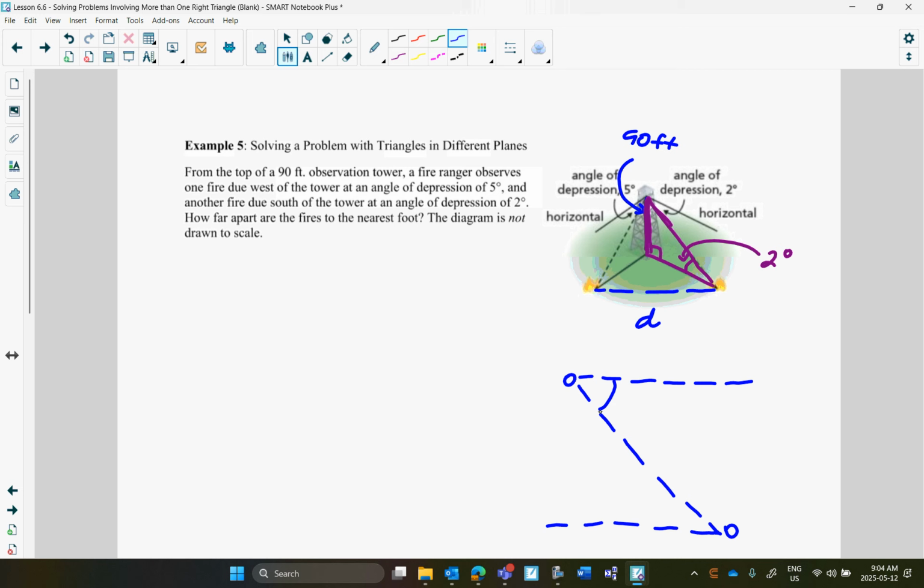the angle of depression when you look down at something is the same as the angle of elevation when this something down here looks back up at you. These two are the same. These are equal.